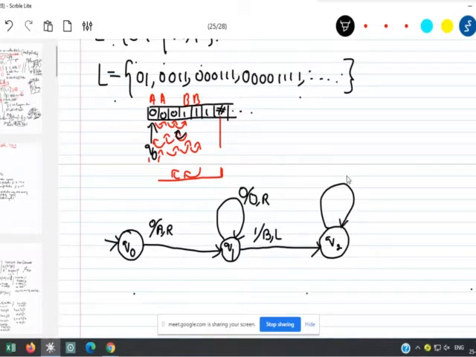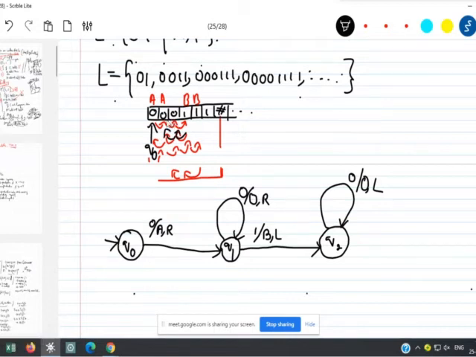While moving towards the left side, if you find any number of zeros, leave them as they are and keep moving towards the left side.